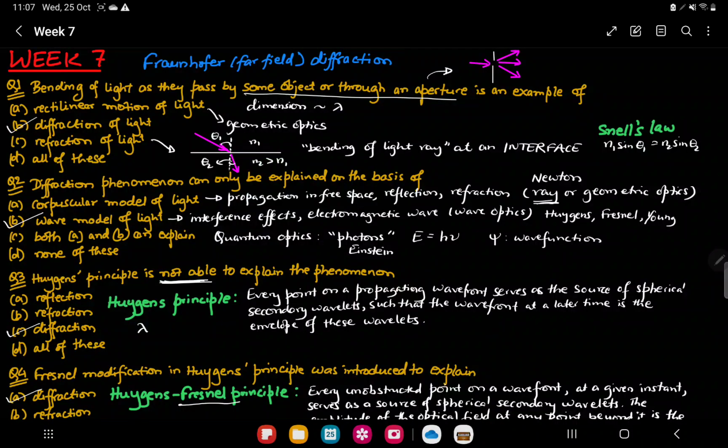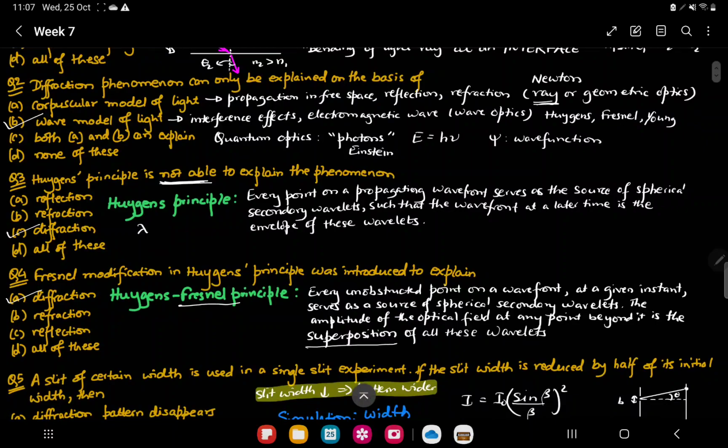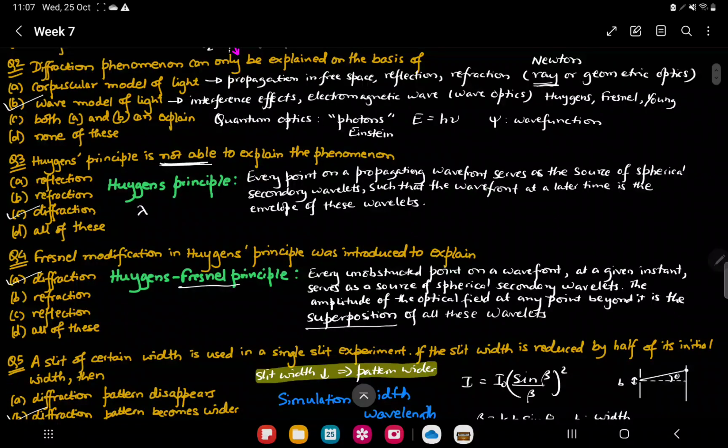Diffraction phenomenon can only be explained on the basis of the wave model of light, and Huygens principle is not able to explain it. However, if we incorporate Fresnel's modification to Huygens principle, then we can explain the phenomenon of diffraction.